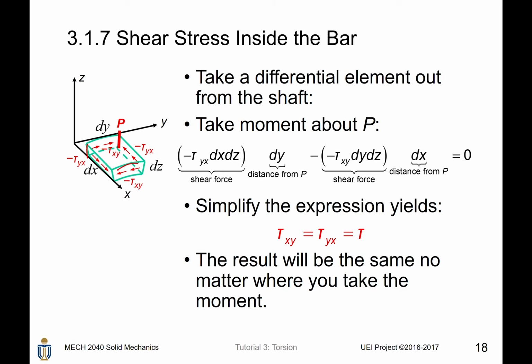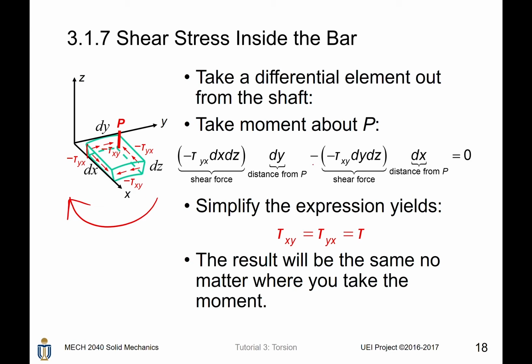Similarly, for tau xy, we can also take the moment. In this case, it is in the opposite direction, because tau yx dx dz dy is twisting about P in this direction, while for minus tau xy dy dz dx, we have a force minus tau xy dy dz times this dx, and it is tending to twist this element in this direction.